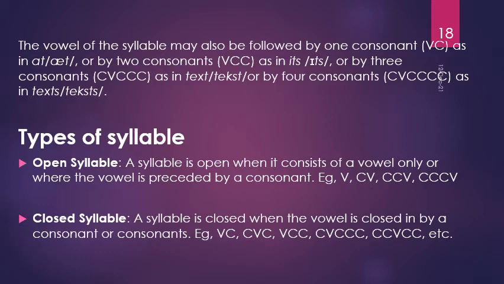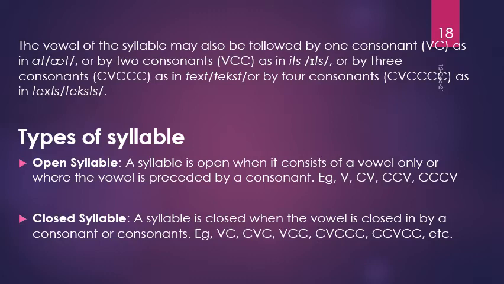That means a syllable is described as an open syllable where it has only a vowel or has initial consonant or consonants. That means we have structures like V, CV, CCV, or CCCV.